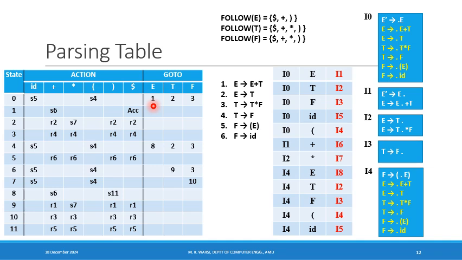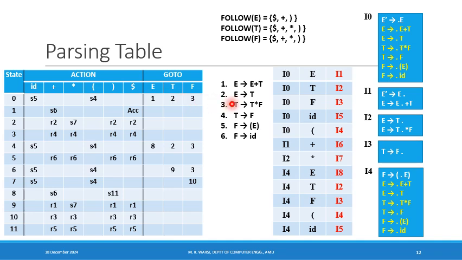Let's now consider another transition from state number 0. From state number 0 on capital T, we are going to state number 2. Once again, it is a transition on a variable, so it will give rise to an entry in the go-to region of the parsing table. Here you can see that 0 comma capital T is marked as 2.